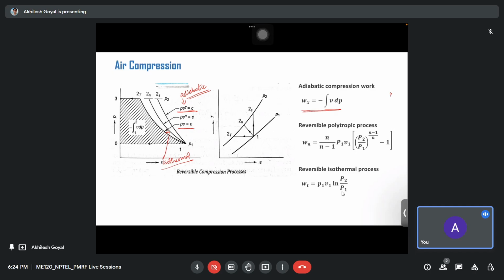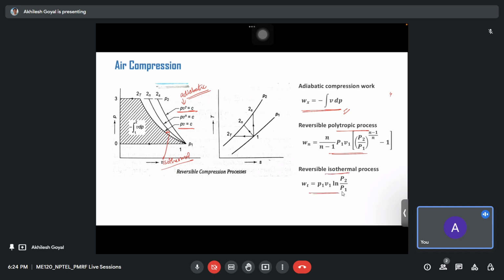When we solve this work done equation, we get this formula for the reversible polytropic process, that is Wn is equal to n by n minus 1 P1 V1 into (P2 by P1 raised to power n minus 1 by n) minus 1. Similarly, the formula for the adiabatic process has n replaced by gamma, and for the reversible isothermal process, the work done is P1 V1 ln P2 by P1.